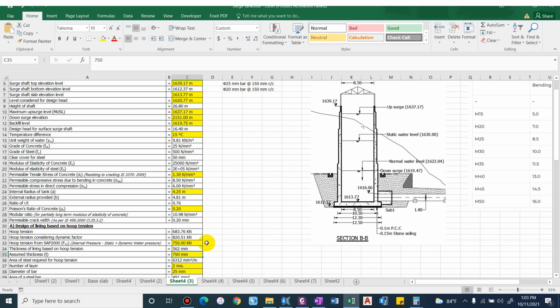So beyond 7 meter I will provide a thickness of 750 mm. You can cross check, I have shown you the process, you can compute the value and check. Similarly I will provide 750 mm to a certain height, and then again reduce it on the basis of the hoop tension at that particular point.